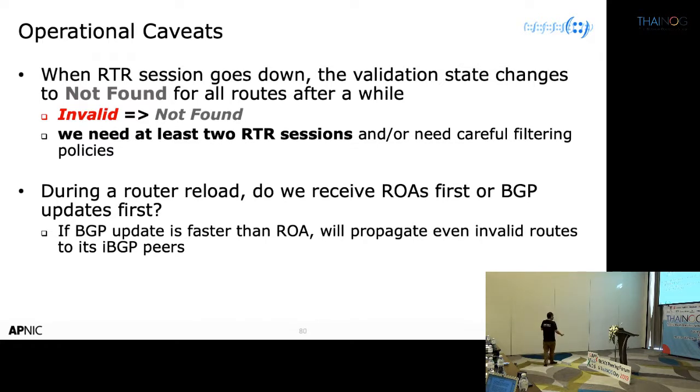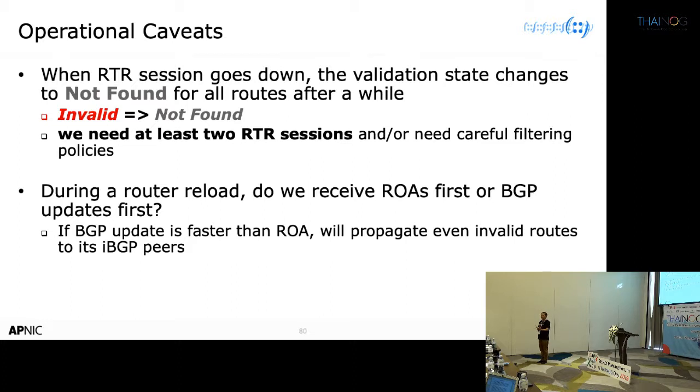Just to be careful, please run at least 2 validators. The problem is that the moment your RTR session, the TCP session, goes down, everything is not found, so your invalids are also not found. So run at least 2 validators.